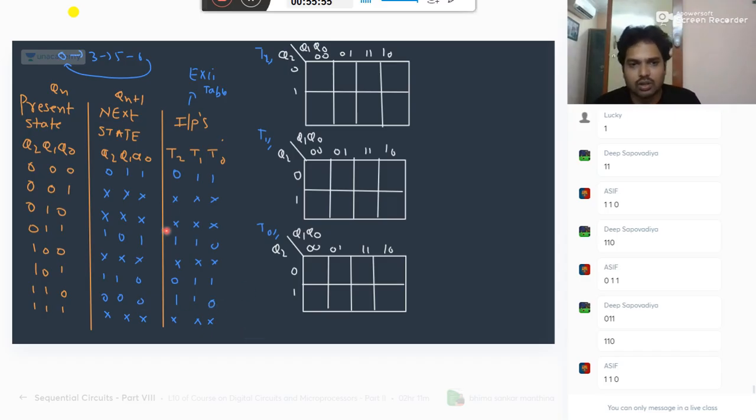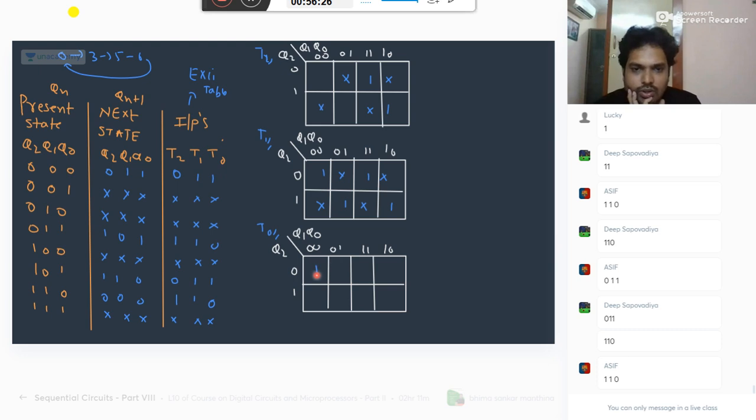Now 0 double cross 1, cross 1, 0 cross. Next, 0 double cross 1, cross 0, 1 cross, I'm sorry. Next, 1 double cross 1, cross 1, 1 cross.